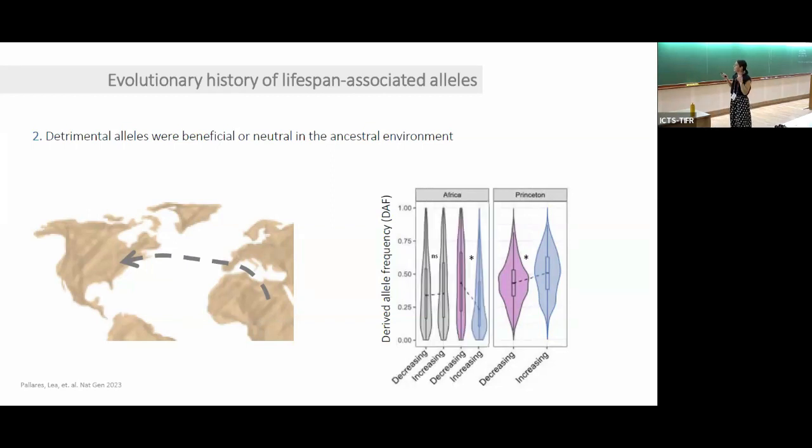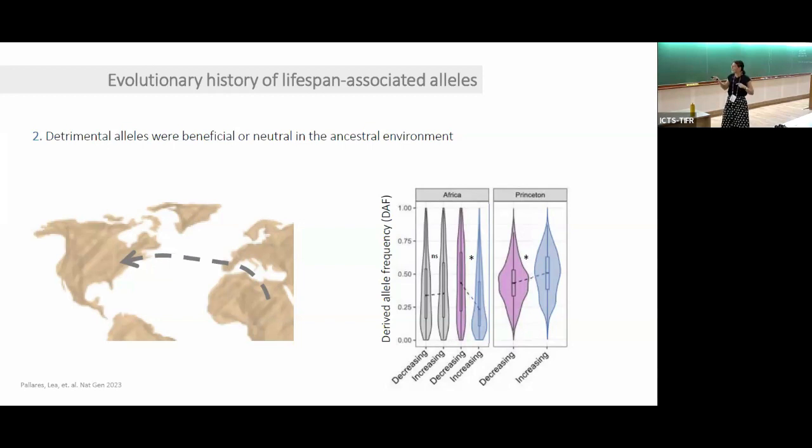If you take African populations, first you estimate the allele frequency distribution of loci that are not significant in Princeton, kind of random loci in the genome. Then you take the decreasing and increasing alleles in Princeton and you estimate their frequencies in Africa. These control groups match all the properties of these alleles in Princeton, so you are not introducing any bias by taking a really particular, weird sample of SNPs.